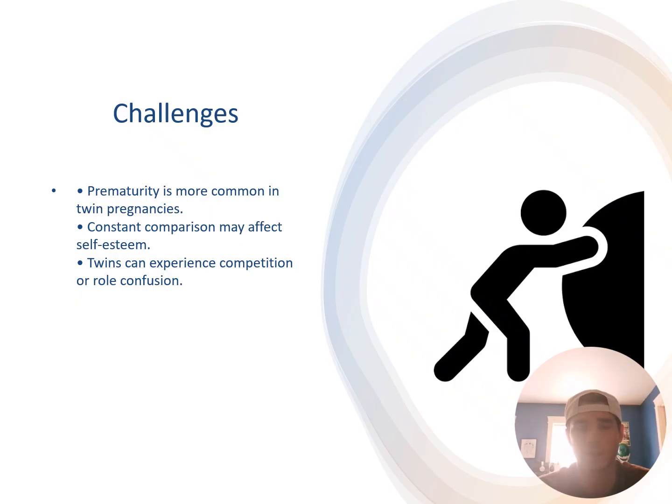Twins often struggle with role confusion. They're constantly expected to act alike instead of being recognized as individuals. Understanding these challenges helps caregivers provide support that encourages healthy emotional development.